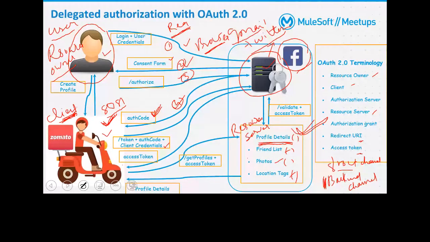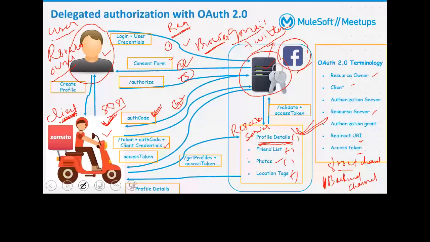So that's what the front channel is. I would say that this information is getting pushed to the authorization server via the browser. Now, when Zomato is accessing profile details, that is not happening via the browser. Zomato has the internal code.